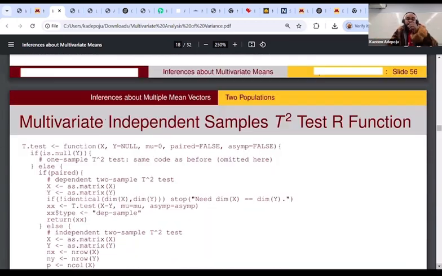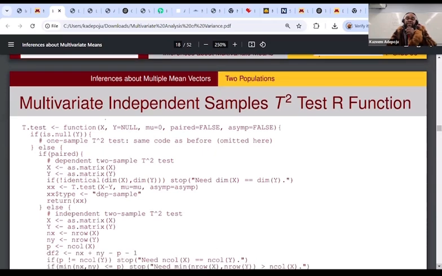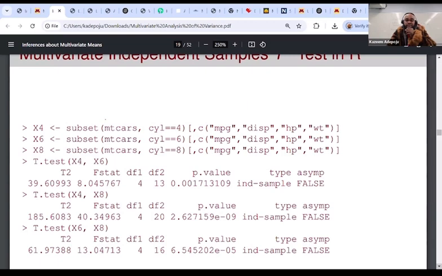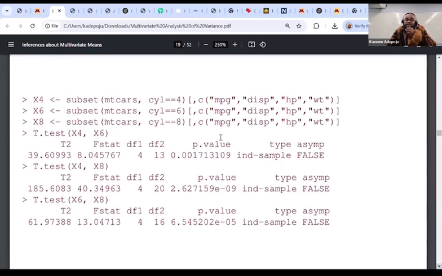I have code for that multivariate independent sample test function. Take a look at this. I'm assuming a data set, and you can see what I have. This is conducting the multivariate t-test for independence.